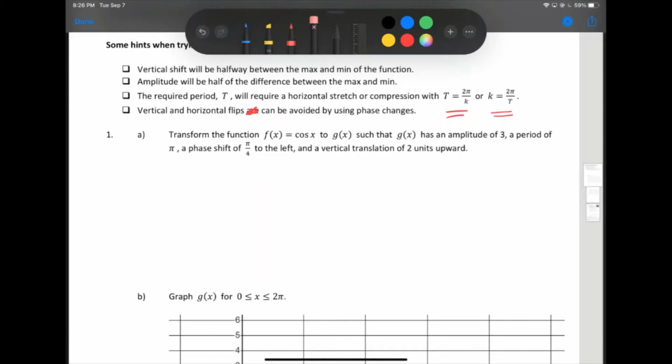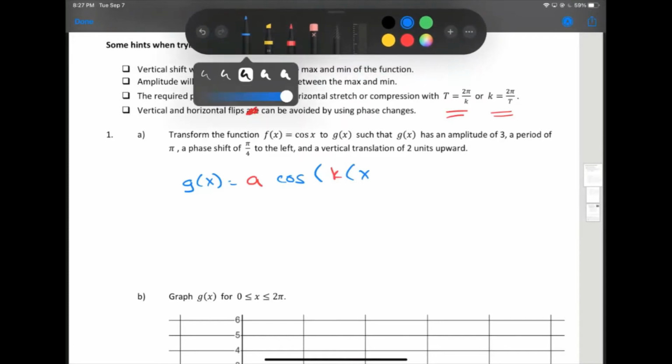So I'm going to start by just writing out the generic formula for a transformed cos function. It would be g(x) = a cos k(x - d) + c.